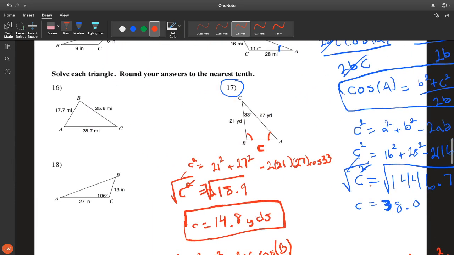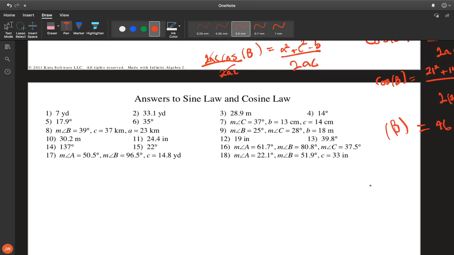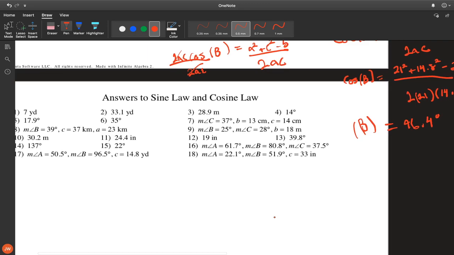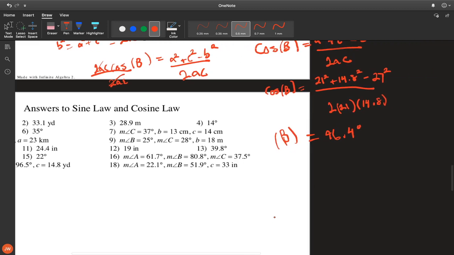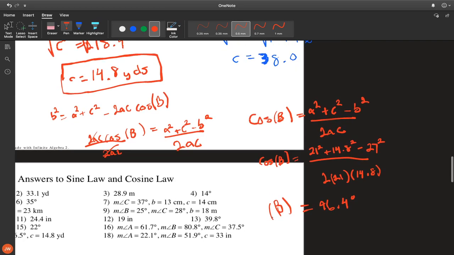So for 17, angle B, double check here, so 96.5, I'm getting 96.4, close enough. It might just be my rounding. I might have rounded differently than how they rounded, so close enough.